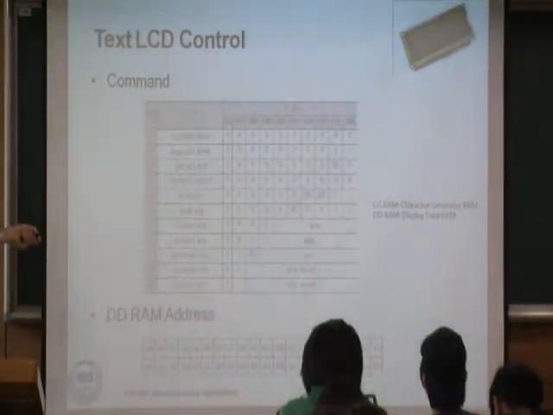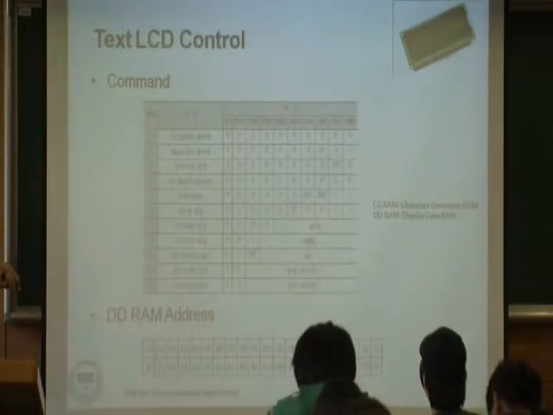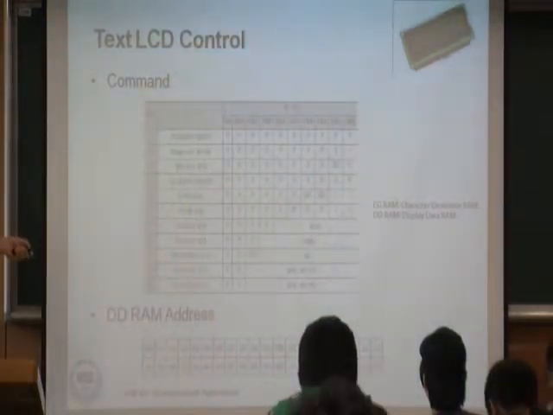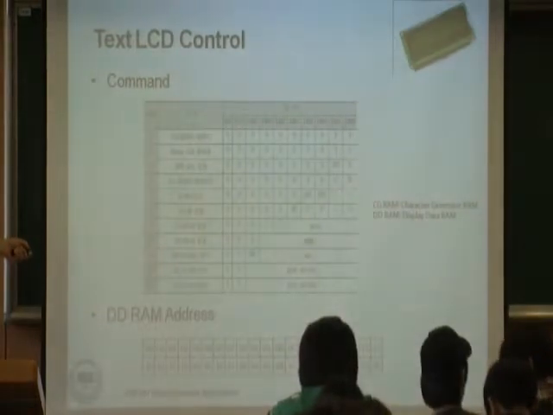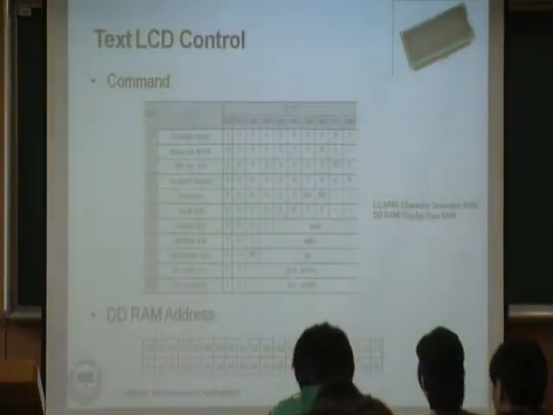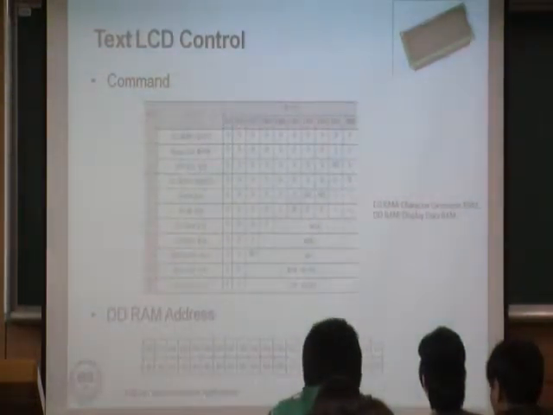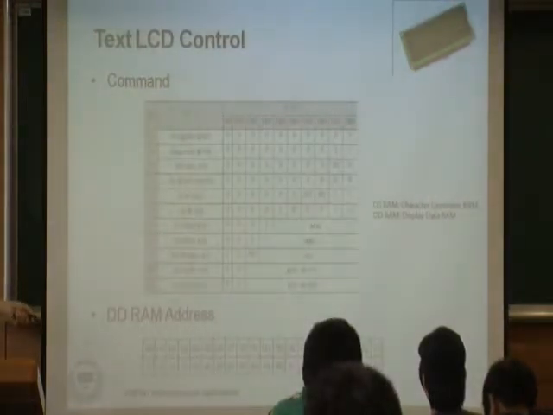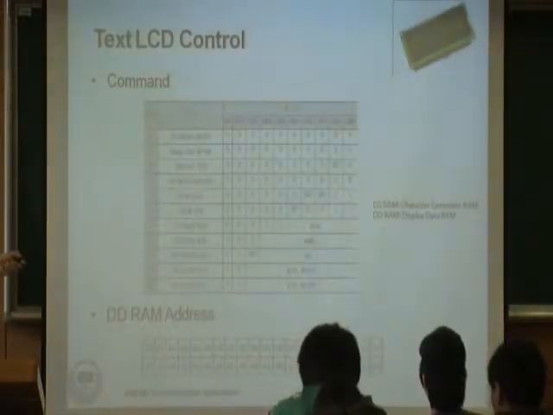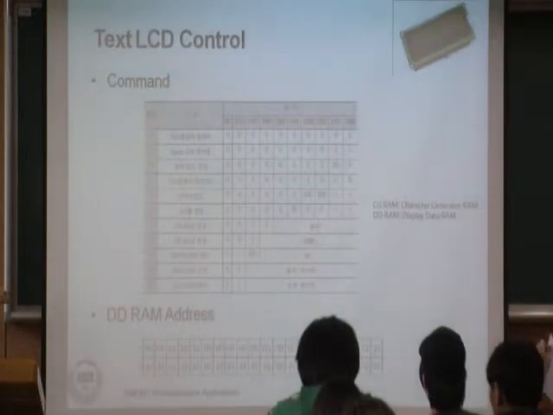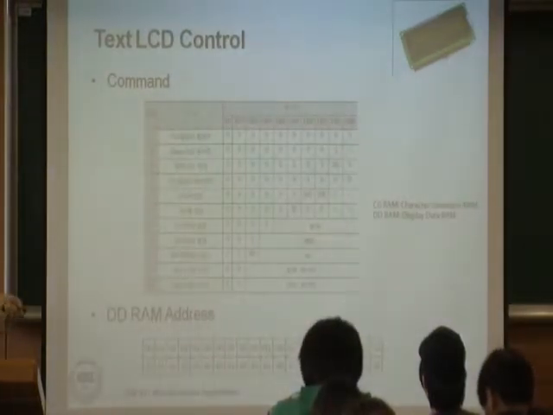And actually this one, CG, I think this is graphic RAM, and DD RAM. So this kind of thing is a little bit special mode. I'll show you. Inside this hardware, you have a special memory called DD RAM, like this. Special memory.